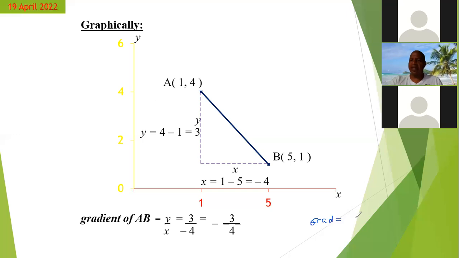So you put the rise on top over the run. Rise would be going up, and run means that you're running along the x-axis. So what this really means is y over x. I hope this can be helpful to you.